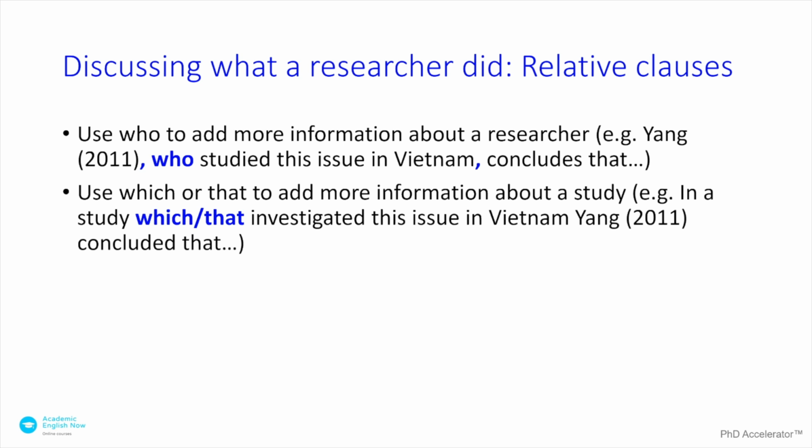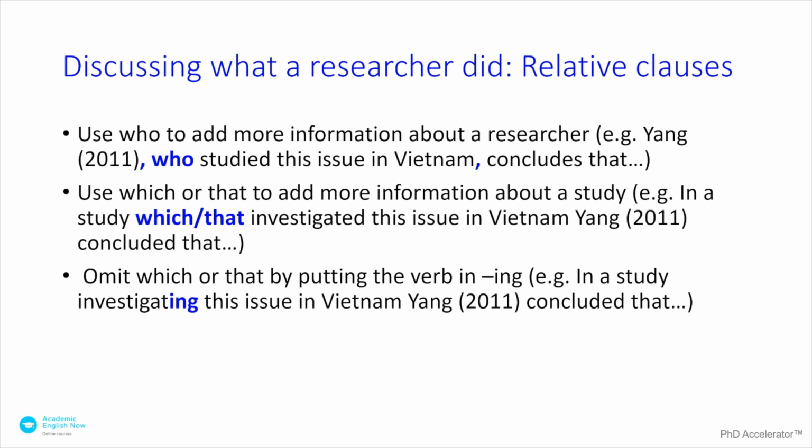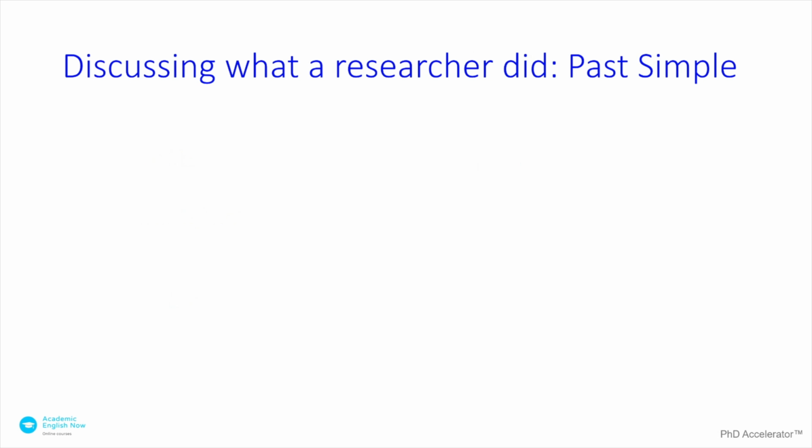In a study which investigated, right? And here there is no comma because we are defining this study. We've got in a study, we don't know which one this is, and you're providing us some more information to define it, right? And you can also omit which or that by putting the verb in ing. So in a study investigating this issue in Vietnam, Yang concluded that, right? So this is how relative clauses work.